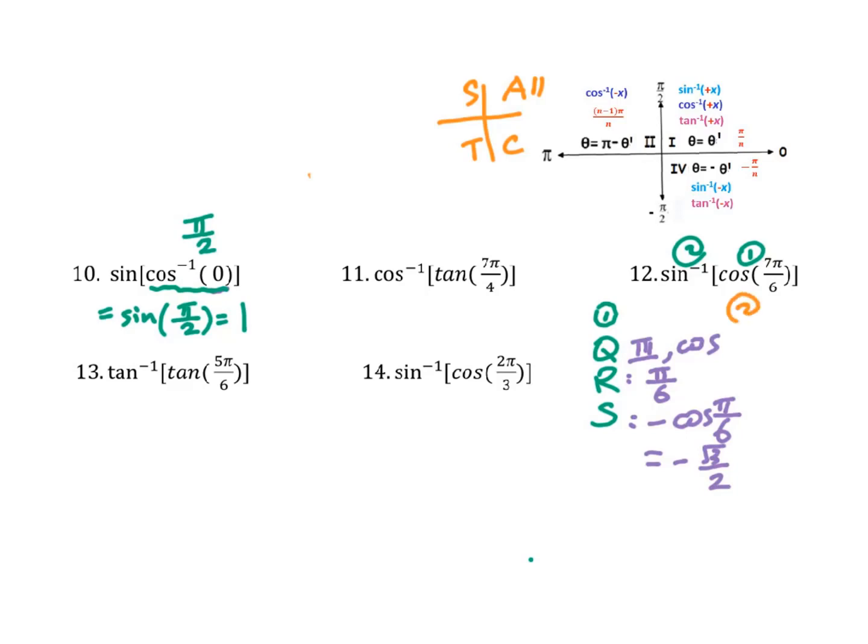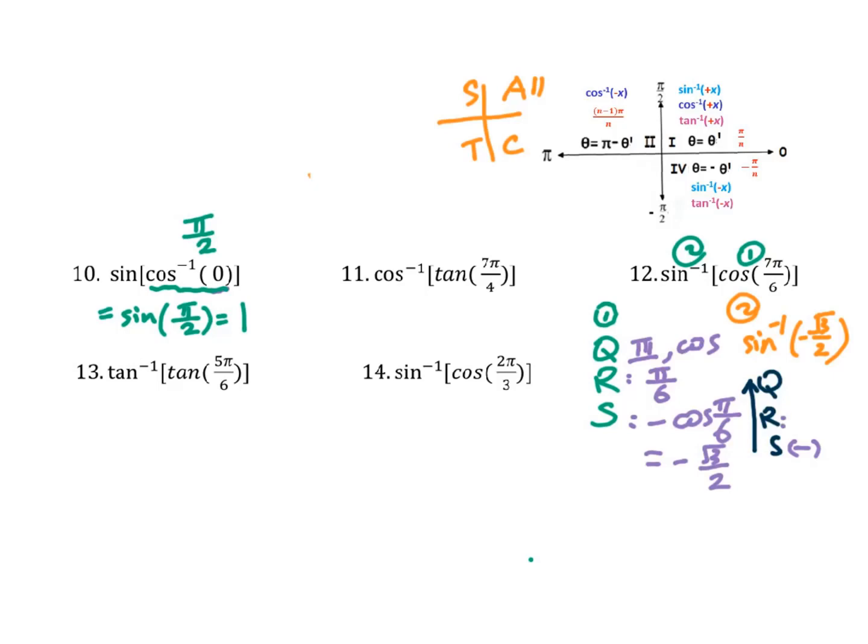Then we're working on the second step, working on inverse sine of negative square root of 3 over 2. We go to QRS, but this time backwards. Domain of this inverse sine is negative.